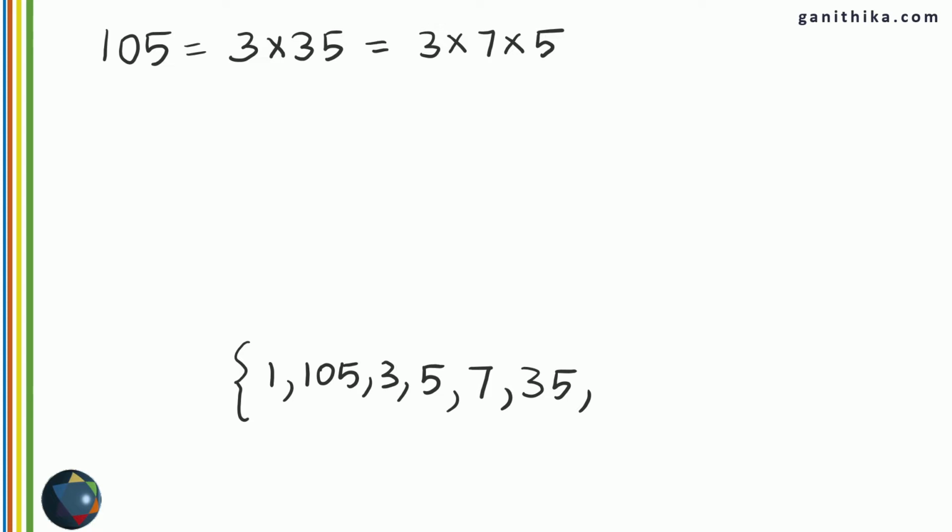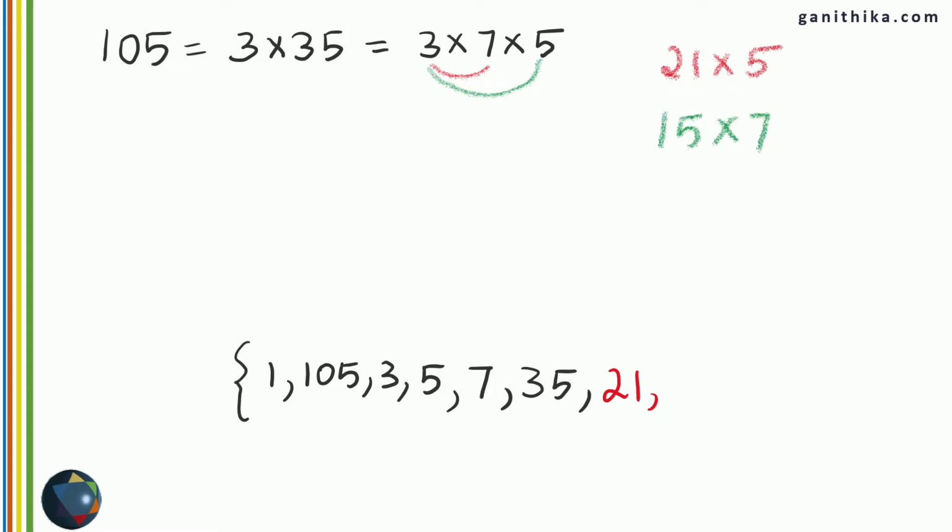But we can also collect more divisors from what we have here. From the prime factor form, 3 times 7 times 5, we can see that 3 times 7 will give you 21. If I collect 3 and 7 together and write it as 21, I can write 105 as 21 times 5, which means 21 is also a divisor now. If I divide 105 by 21, I'll get 5. Now combine 3 and 5, which gives you 15.